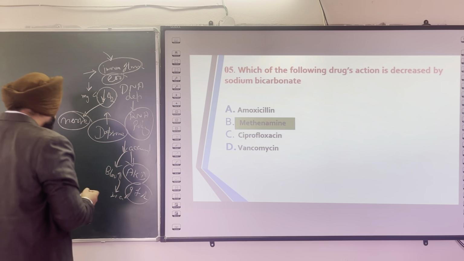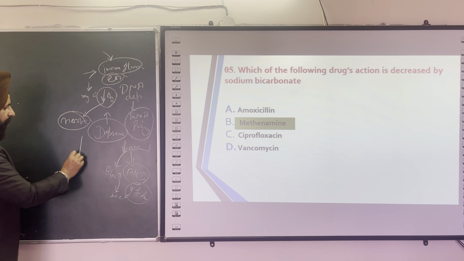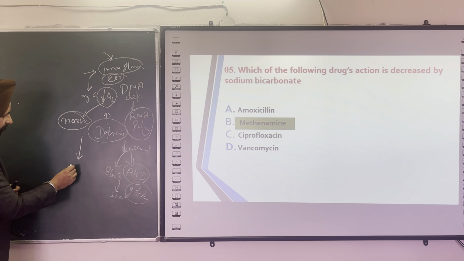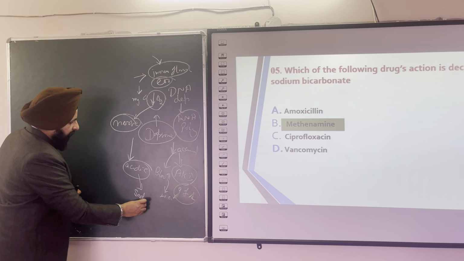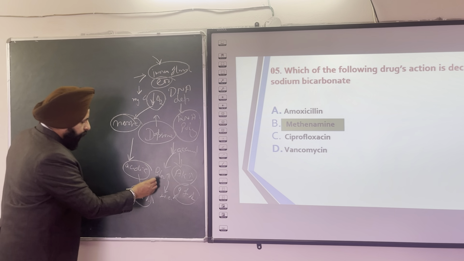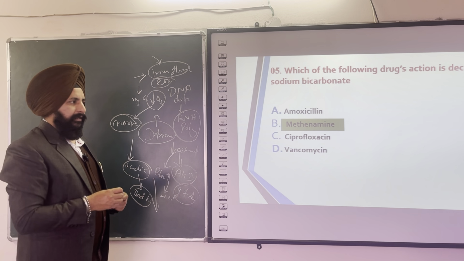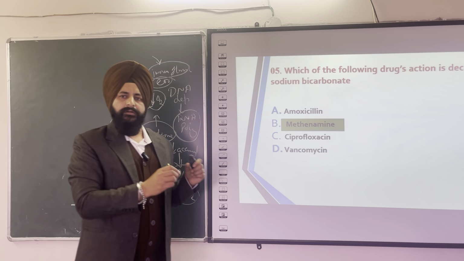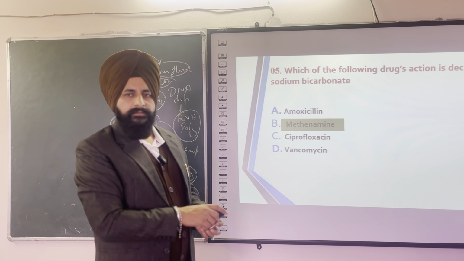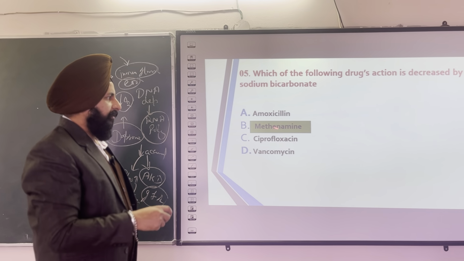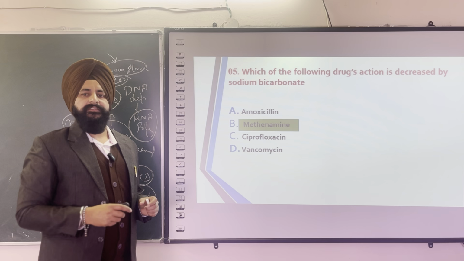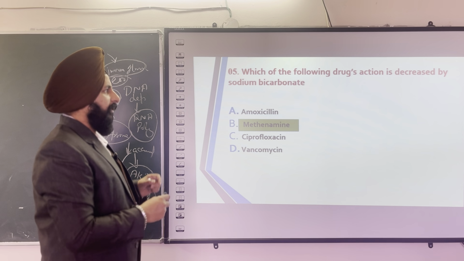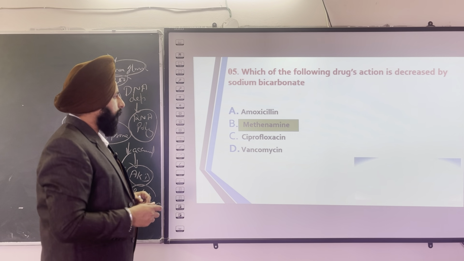The reason is that methenamine, whenever it enters the body, acts at acidic pH. Whenever you give sodium bicarbonate, which is a buffer, it shifts the pH toward the basic side and interferes with the action of methenamine in your body. So the right statement is that methenamine action is pH dependent. It works in an acidic environment, so sodium bicarbonate interferes with it.